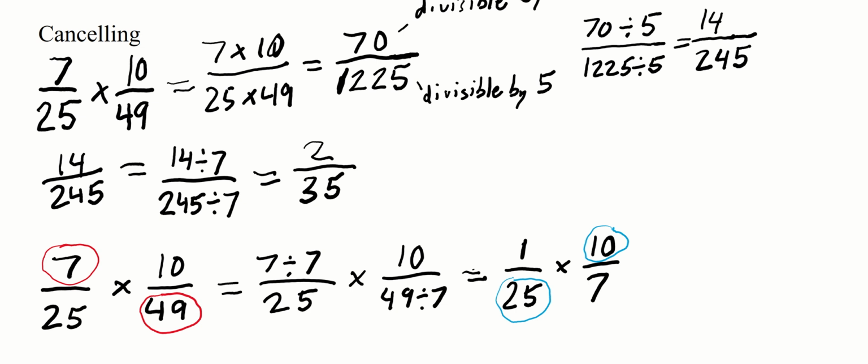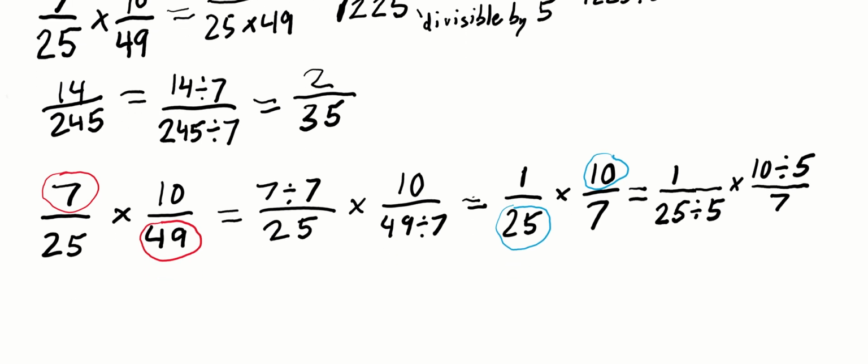Okay? The greatest common factor is 5. So we can rewrite this now as 1 over 25 divided by 5 times 10 divided by 5 over 7.